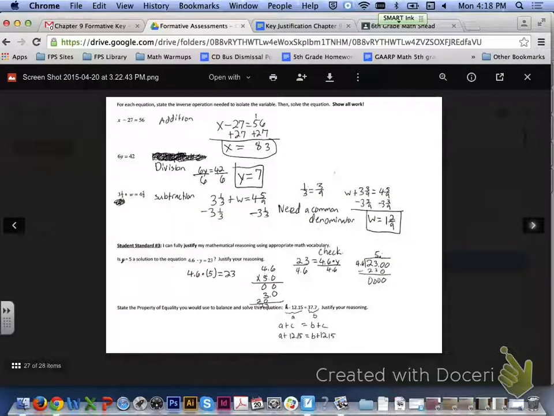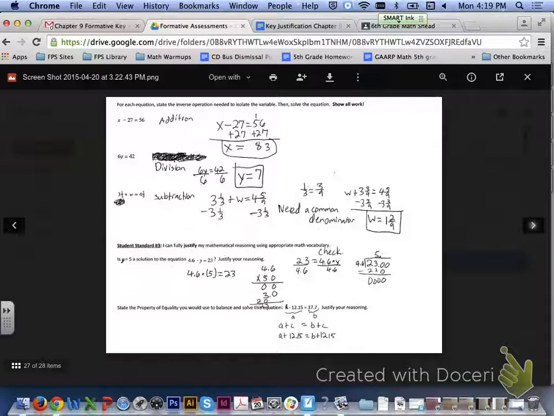The next section, for each equation, state the inverse operation needed to isolate the variable and solve the equation. Remember, the inverse operation is the operation that can undo the other. So in this case, you have subtraction as your operation. The operation that can undo it is addition. So for the problem, in order to isolate the variable, you'd add 27 to both sides, and that allows you to leave the equation equivalent, and x is equal to 83.